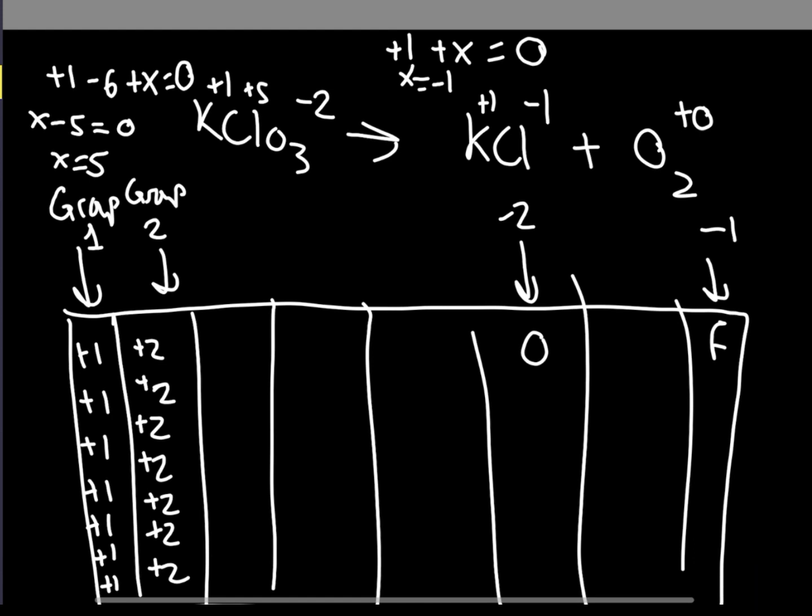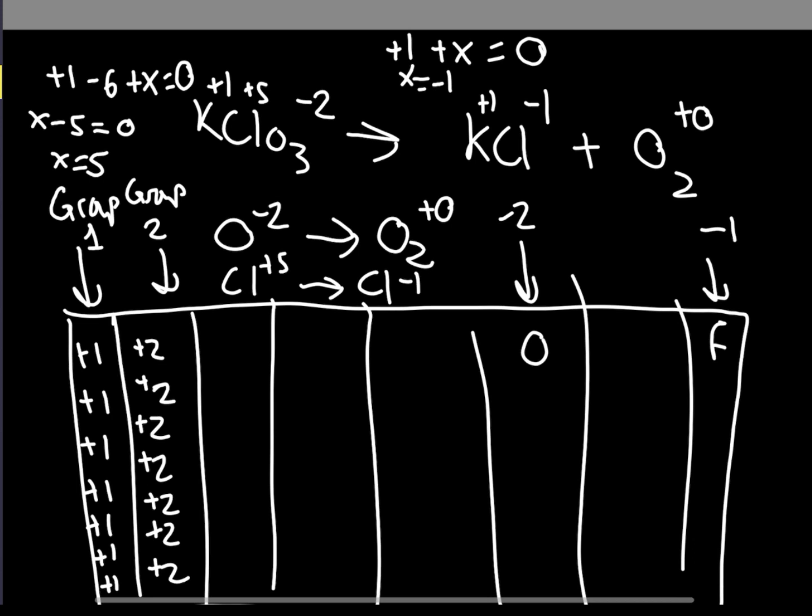So you can see the oxidation number of chlorine has decreased in this reaction. Remember what I said about single elements? They have a 0 charge. So oxygen went from an oxidation state of -2 in the beginning to 0 at the end, and chlorine went from a +5 charge to a -1 charge.